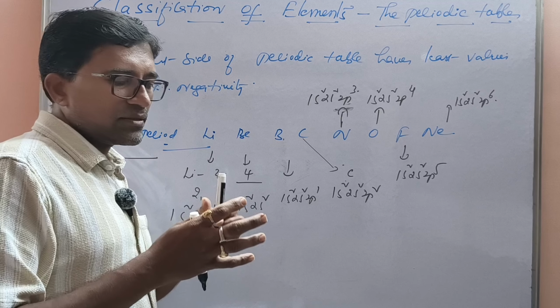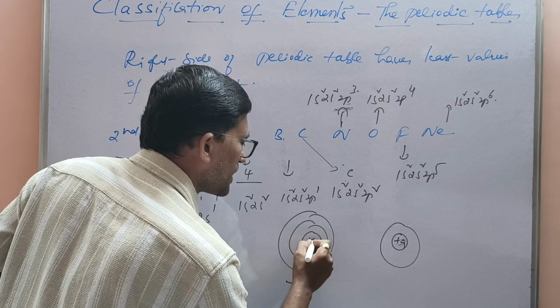Now, if I take this as the nucleus, in the case of lithium, 2 electrons are in the first shell and only 1 electron is in the second shell. If I go with fluorine, the nucleus has a plus 9 charge, whereas lithium's nucleus has plus 3 charge.